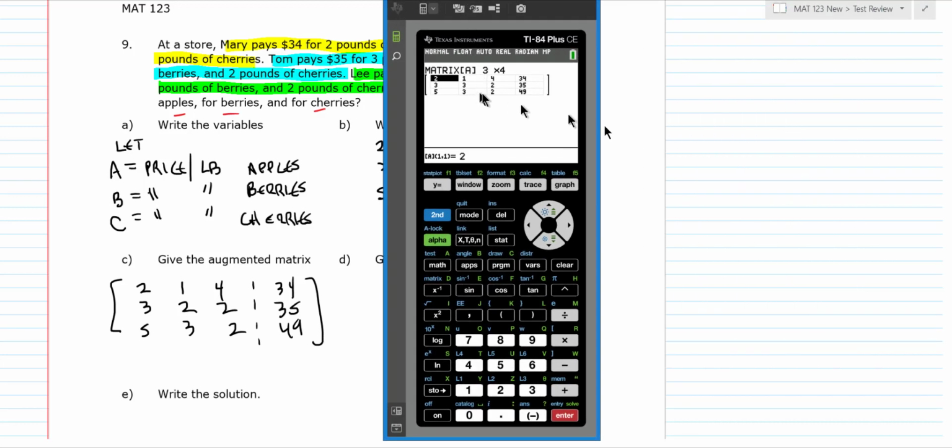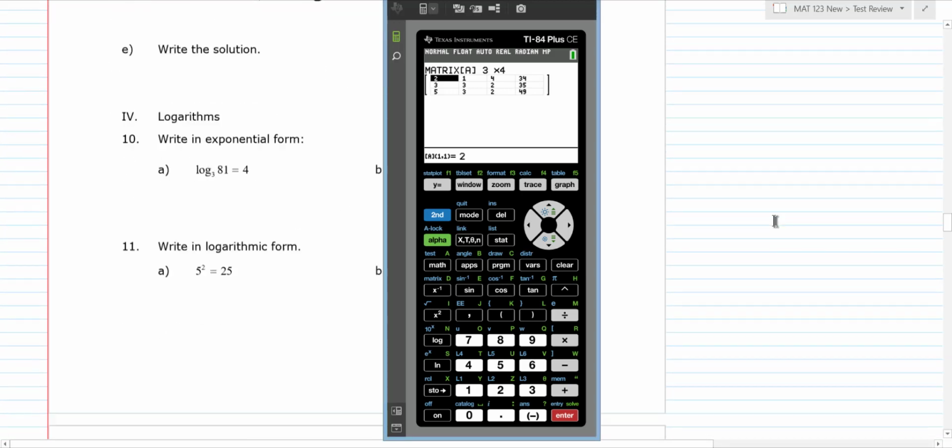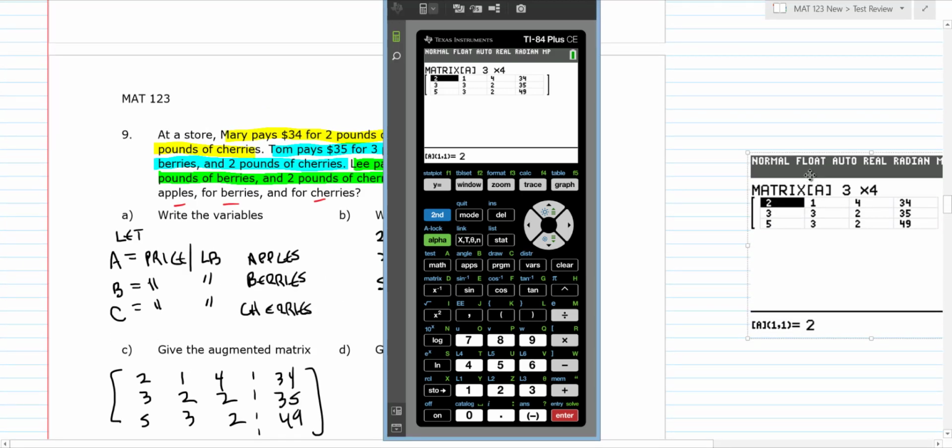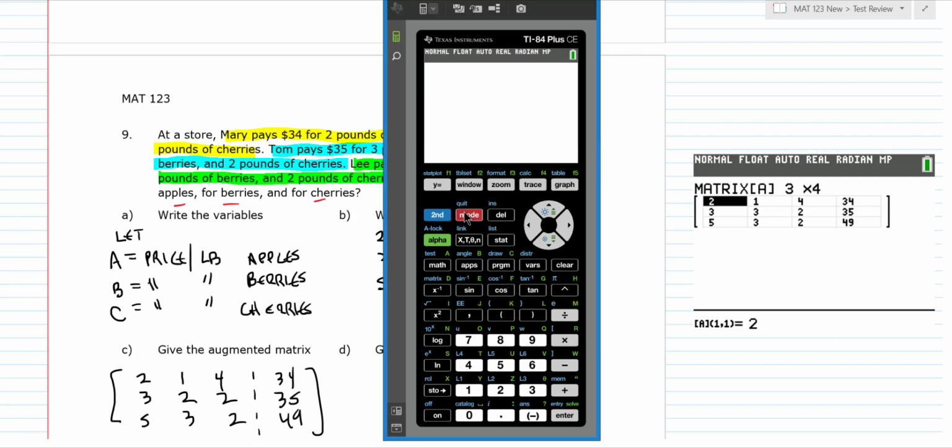Then we're going to use the calculator to put that in reduced row echelon form. Now, clear screen, second matrix, math, reduced row echelon form, matrix A, and that gives the answer to the problem.